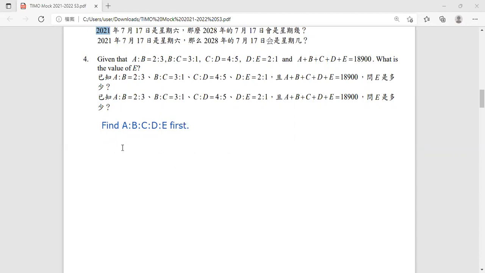Actually, you can do it like this. This is 2 to 3, and this is 3 to 1, and this is 4 to 5, and this is 2 to 1. Then you will find that you can easily calculate the total ratio.